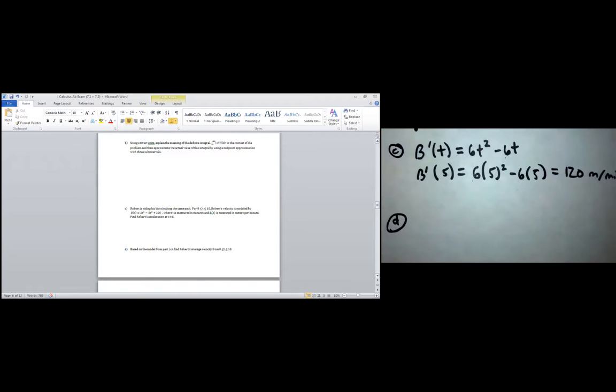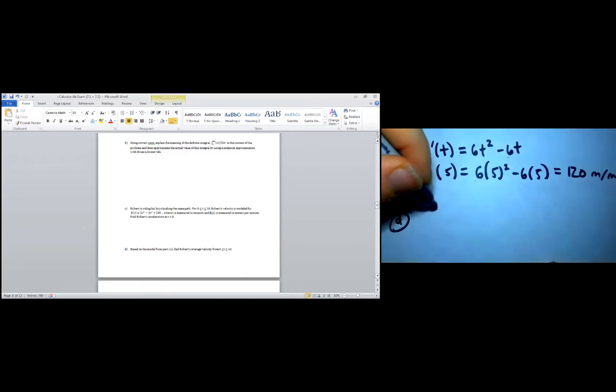Okay, what's the story for D? Average velocity. How do we do it? You use the average value formula. You got it. What's the average value formula? Do you want me to say it with the numbers plugged in?